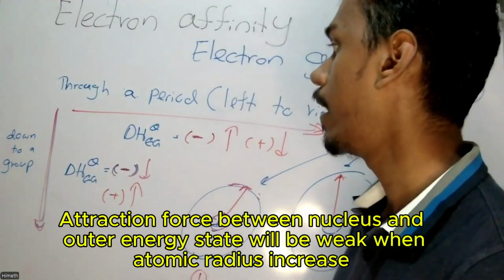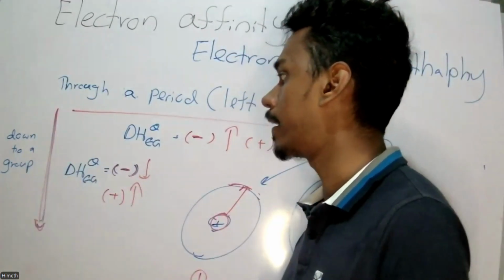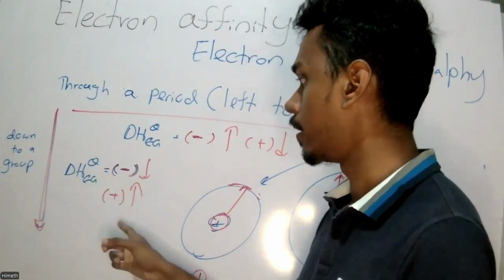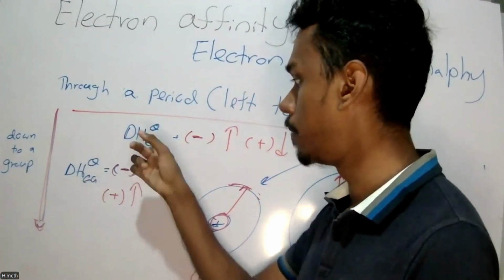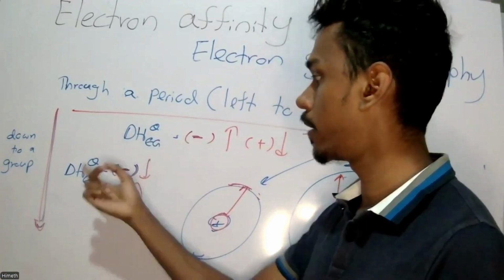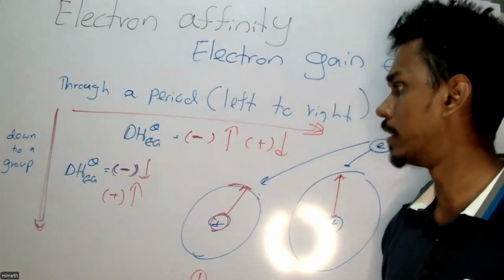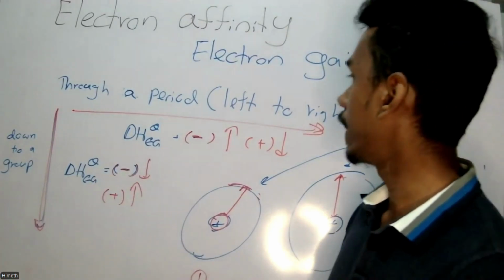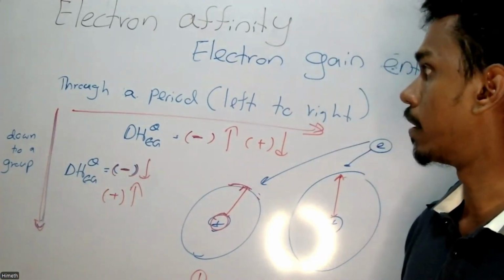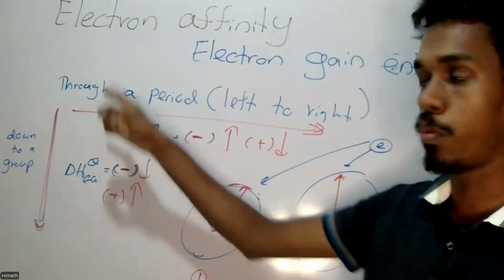So that's why when we go down a group, the positive value of the electron enthalpy will increase and the negative value of the electron enthalpy decreases. So that's the way that electron gain enthalpy varies through the period and down a group.